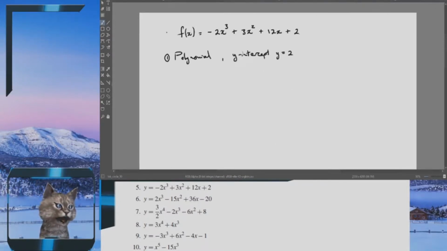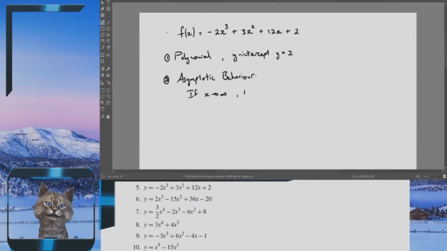Next is our main step, and because I identified it as a polynomial, I know that there isn't going to be much to do in this asymptotic behavior step. In fact, you might feel that there is pretty much nothing to do. But we can say things like, if x approaches infinity, then what does my function do?